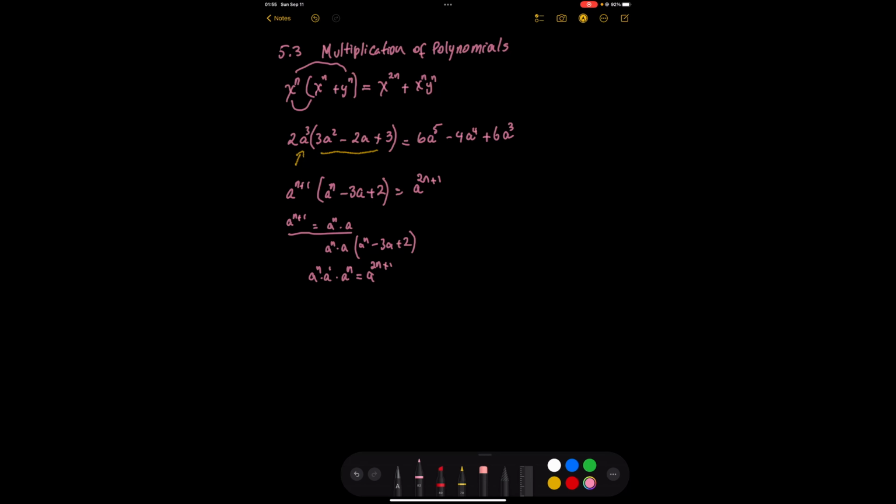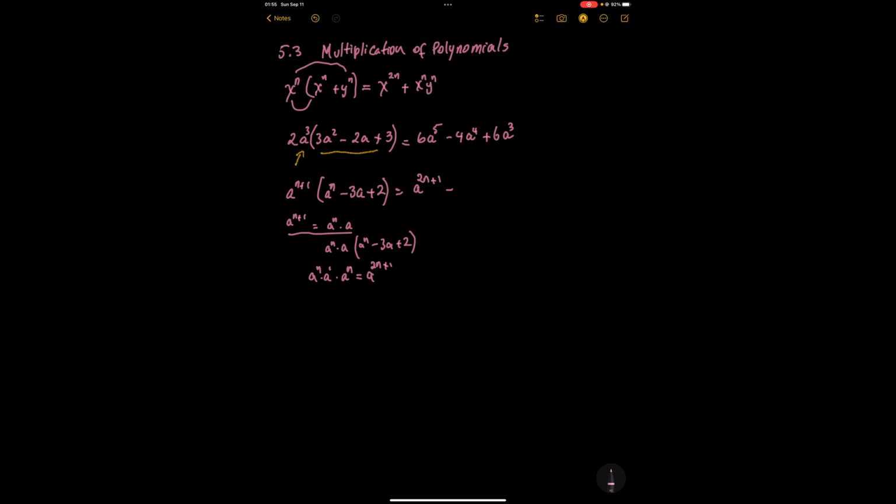So that will be a^(2n+1) minus a^(n+1) times 3a. Again, you have a^n times a times 3a. What would that equal to? Well, that would equal 3a^(n+2), since 1 plus 1 is 2.